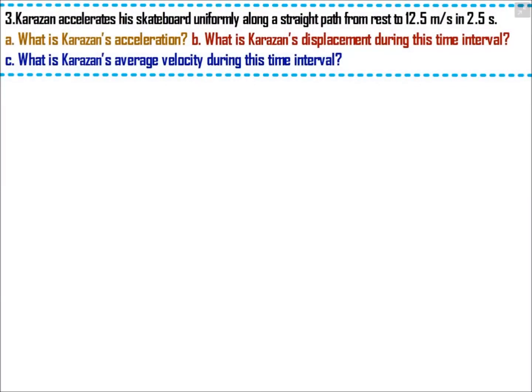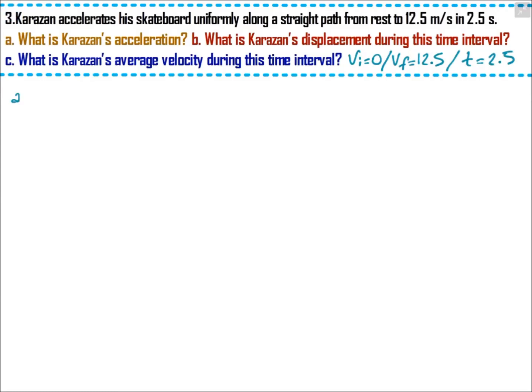In this question it says Karazhan accelerates his skateboard uniformly along a straight path from rest to 12.5 meter per second in 2.5 seconds. So given it says from rest, that means v initial is 0, v final is 12.5, and the time is given 2.5.